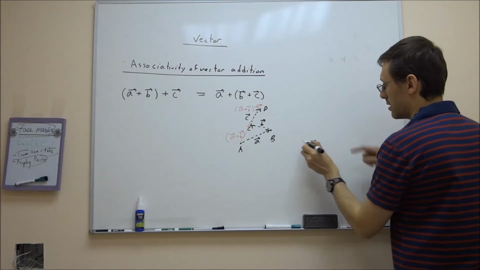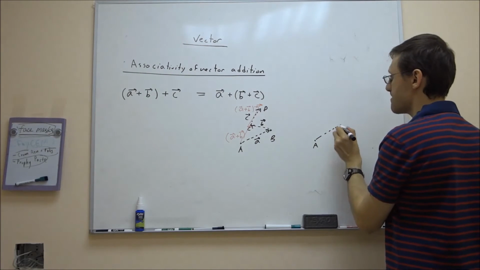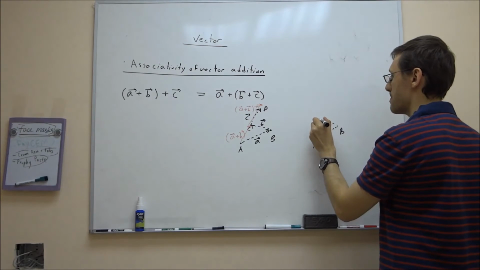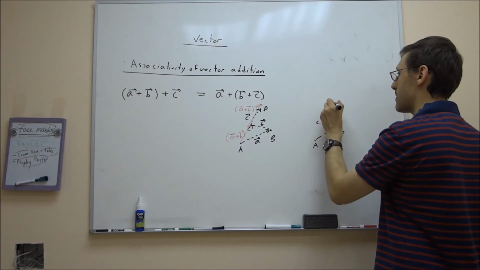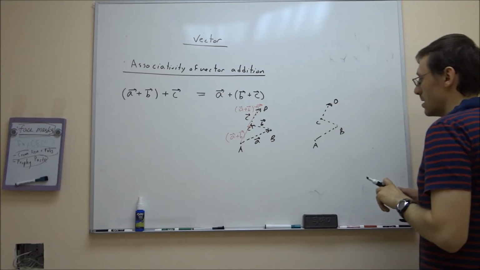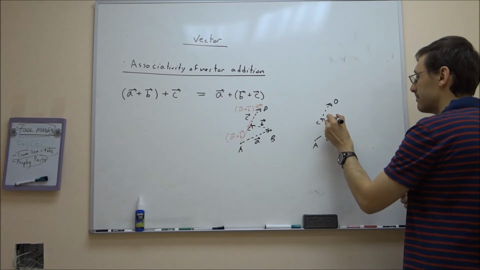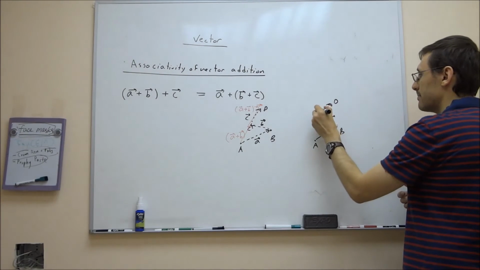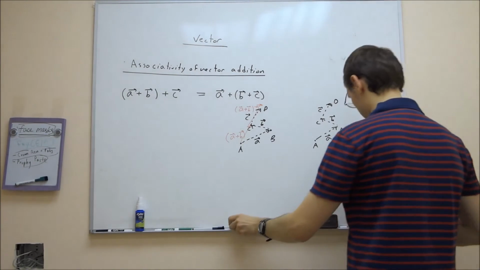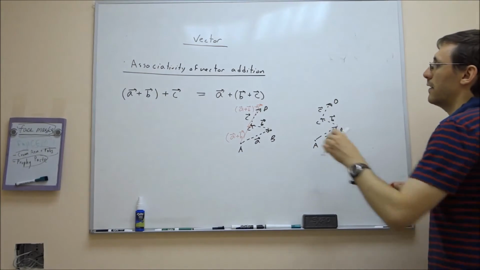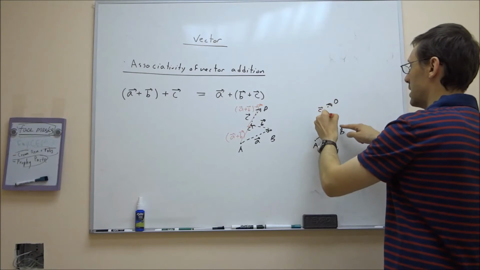Just drawing the same picture more or less again. On the other hand, if I do this type of motion, then I first must consider the addition of b plus c.